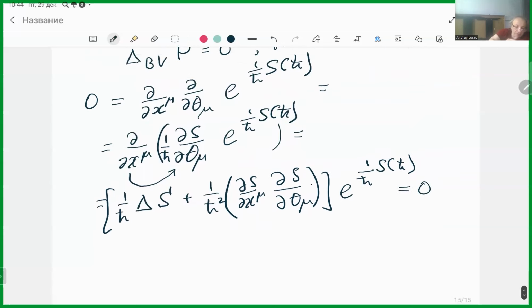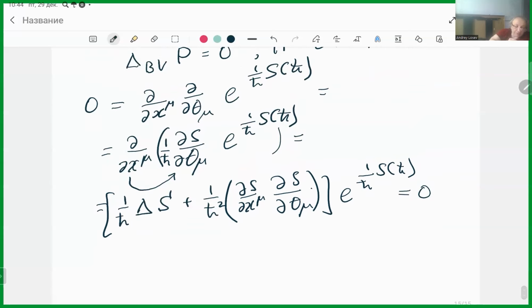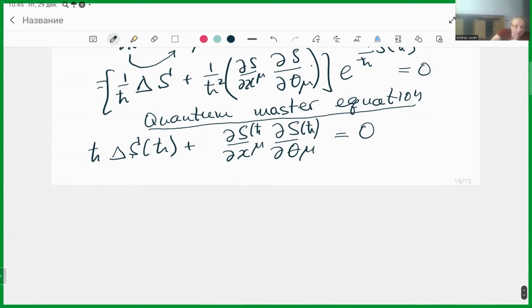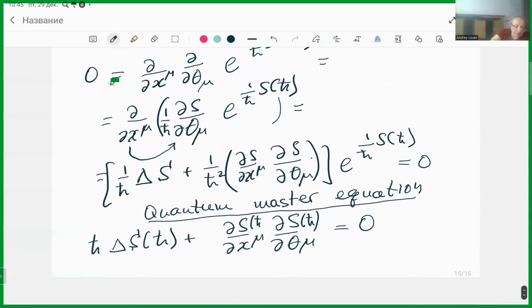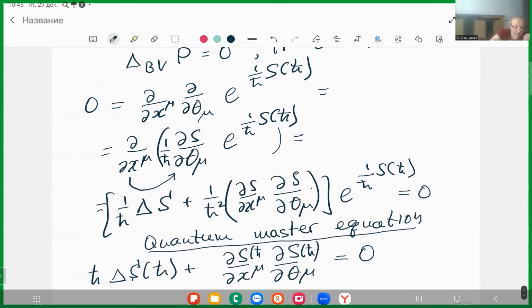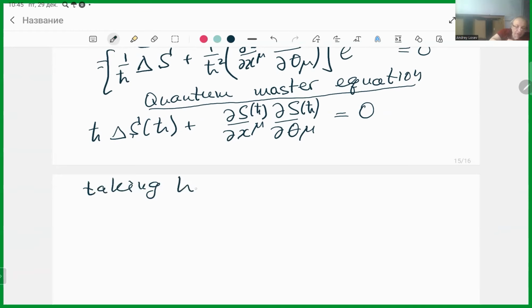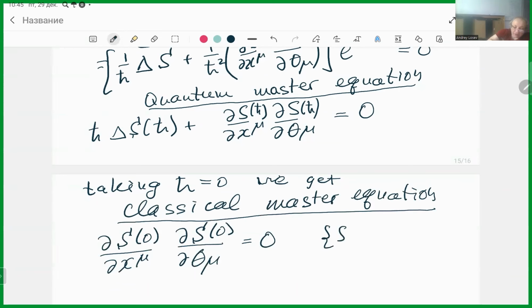So in this way, by multiplying by h squared, I am getting the so-called quantum master equation. Together with the quantum master equation, I have a classical master equation. Taking h equal to 0, we get the classical master equation. Sometimes people write it in terms of the bracket of S and S equals to 0, and this is called the BV bracket.